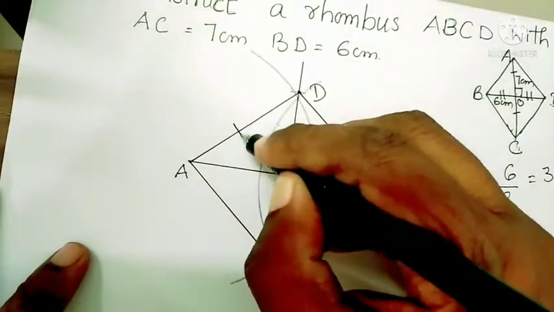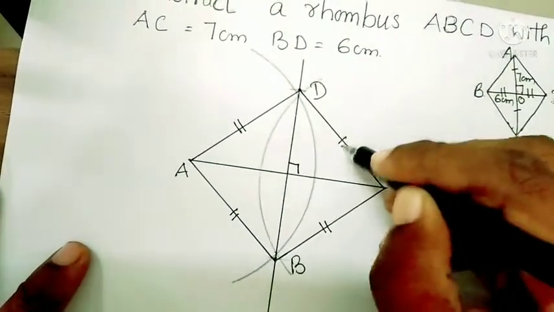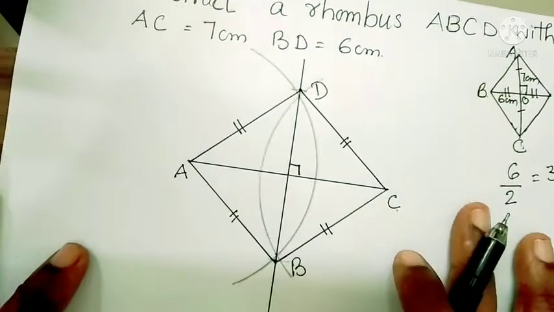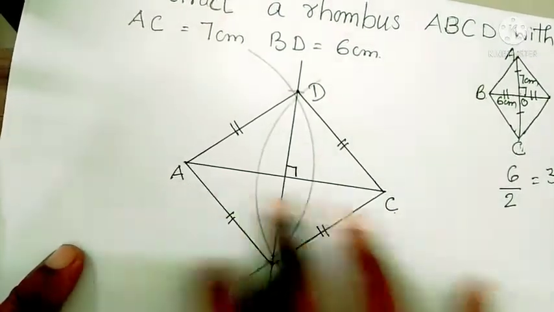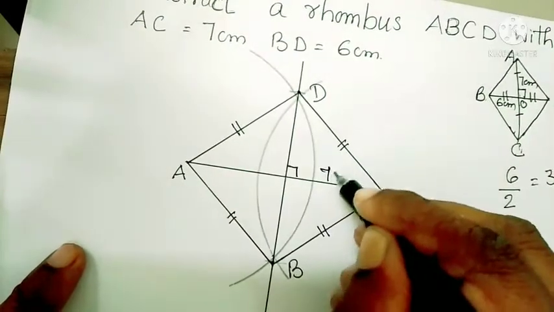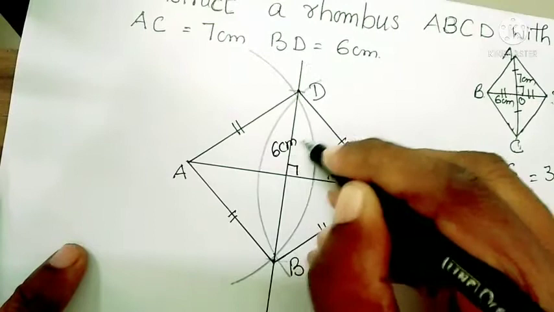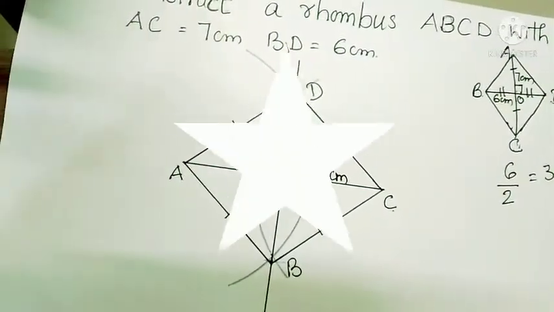All the four sides will be equal. Though we don't know the measures, we can put this sign which shows they are all equal. Now what is the measure of AC? 7 centimeter. So right here 7 centimeter, and this is 6 centimeter. So your diagram is ready.